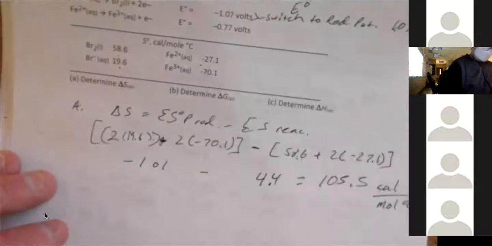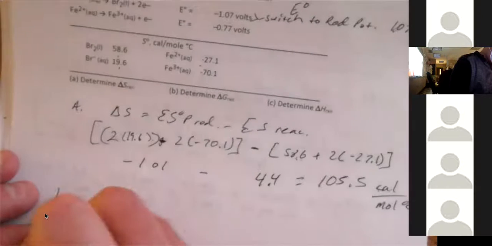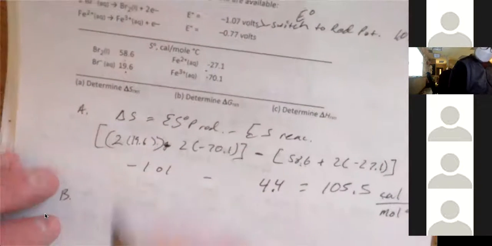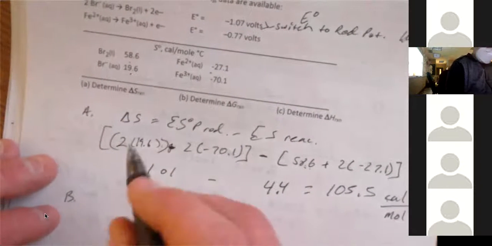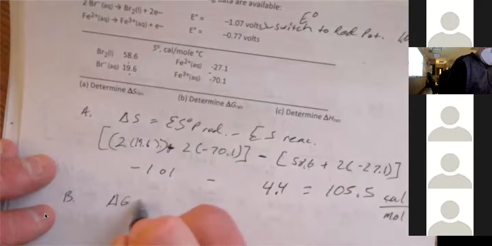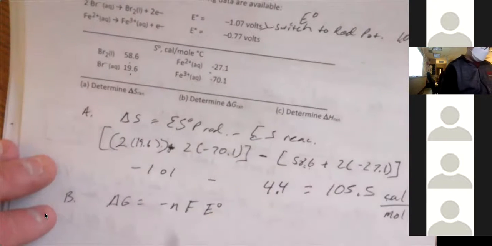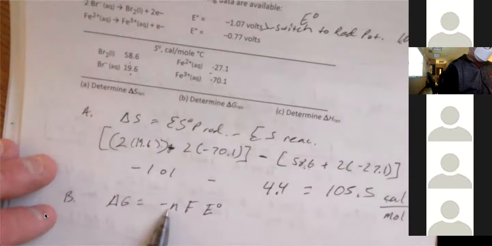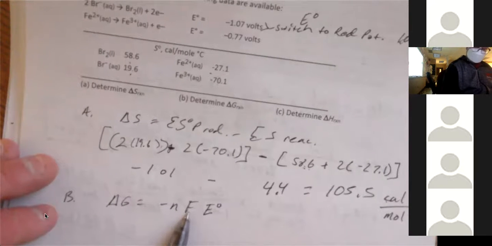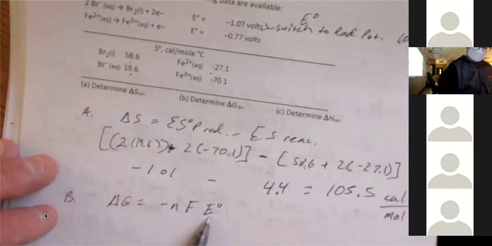So next, if we take a look, B, determine delta G. So if we take a look, delta G equals negative n F E naught, where n is the number of moles of electrons, F is Faraday's constant, and E is the cell potential that we're going to need to calculate again.